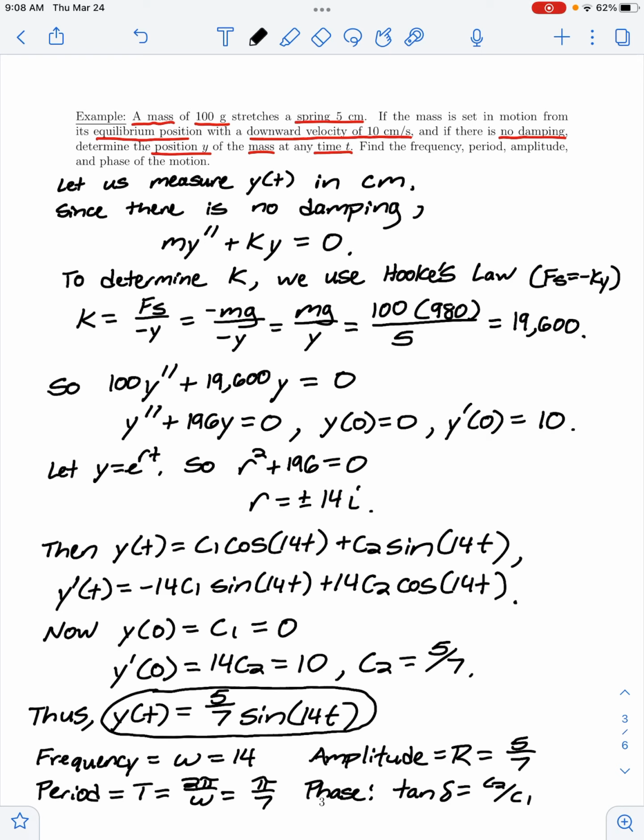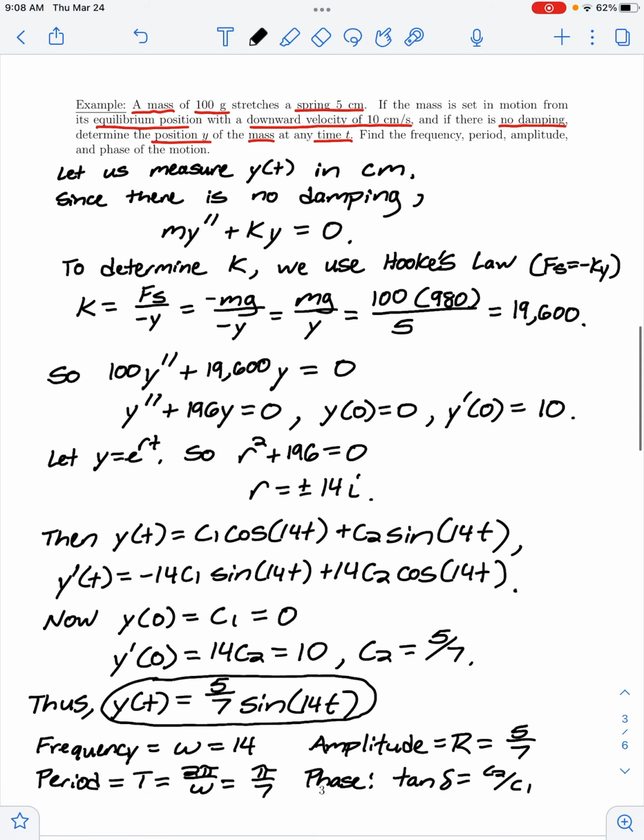Now we saw here that C1 is equal to 0, so we're looking for values of delta such that tangent of delta would be undefined. That is, angles where tangent has a vertical asymptote. So we could take, for instance, pi over 2 as our phase.